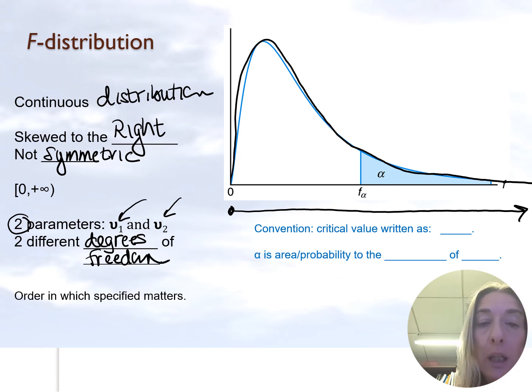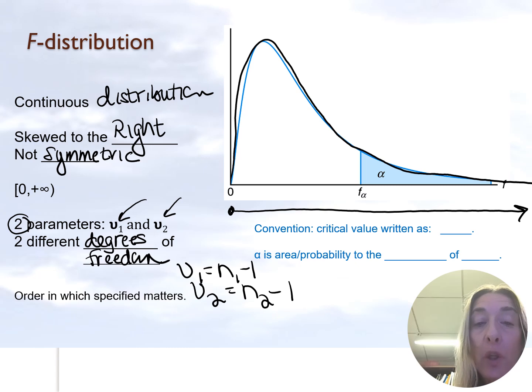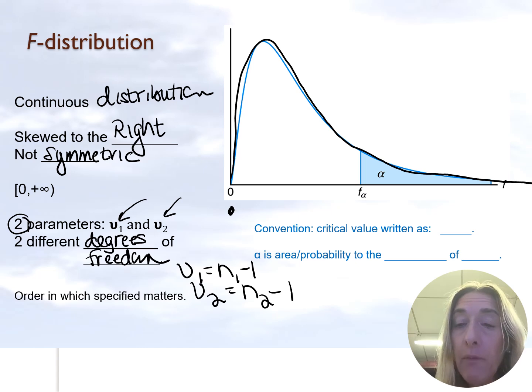Each one is the sample size minus 1. However, the order in which you specify the two different degrees of freedom matters, and we will see that in an example problem.